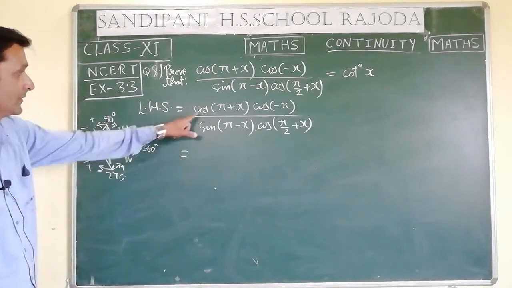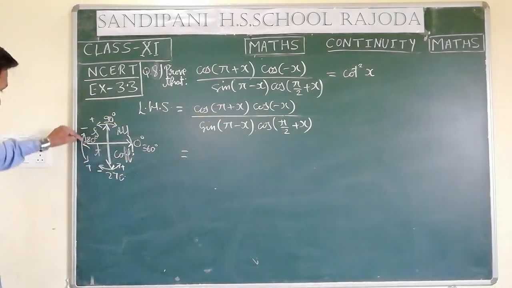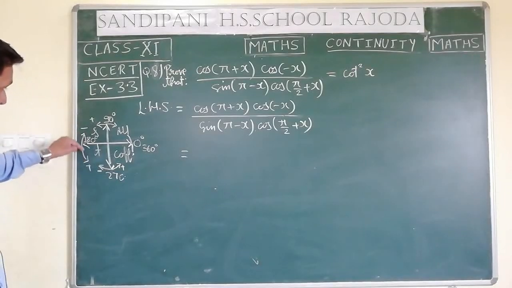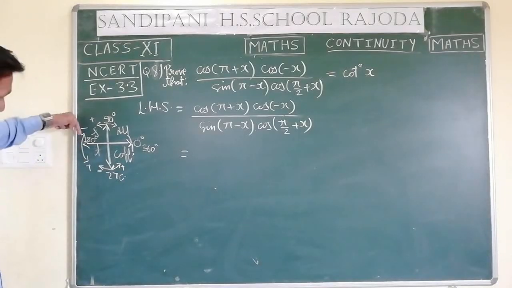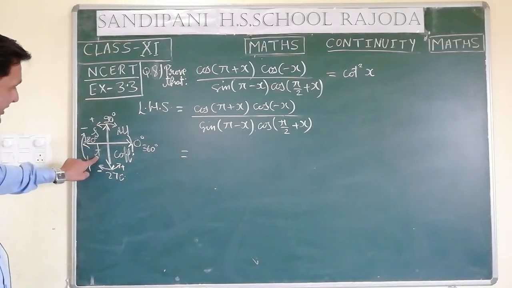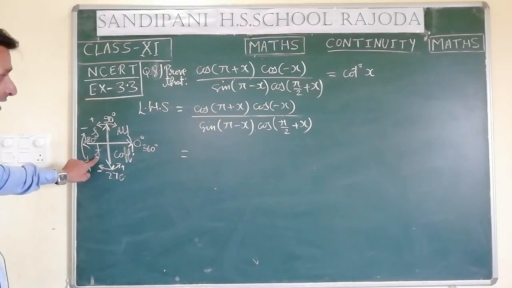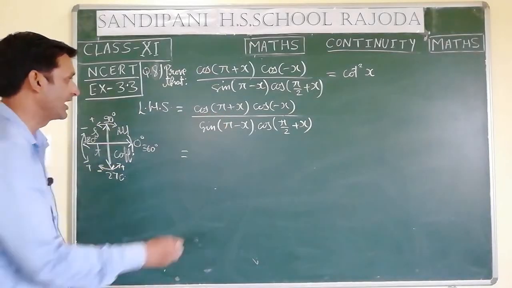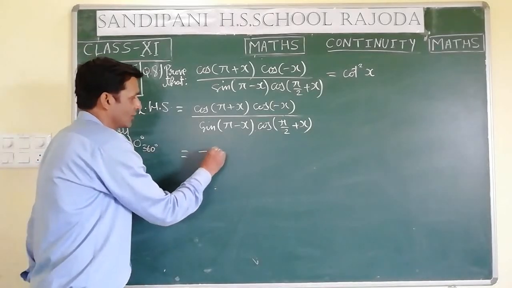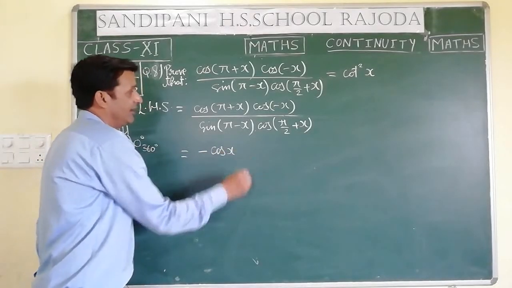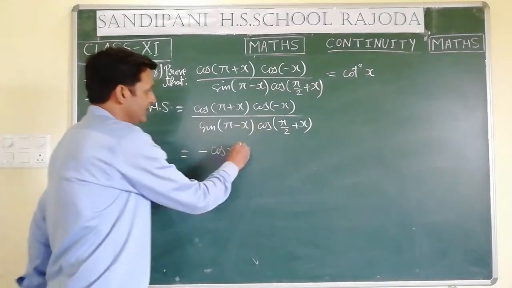So cos 180 plus theta, cos 180 plus means this quadrant, 180 minus means this, 180 plus means this. So here tan and cot are positive, remaining are negative. So cos 180 plus theta is equal to minus cos theta, and cos minus theta is equal to cos theta only.